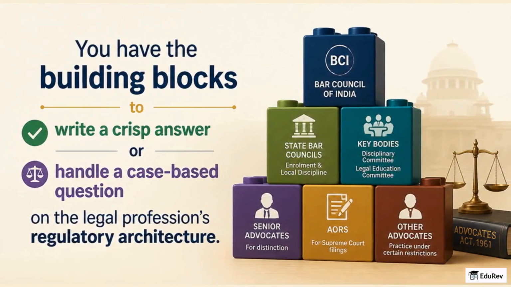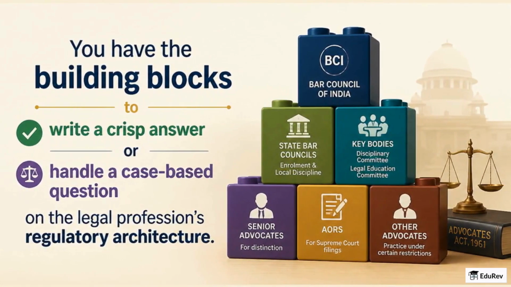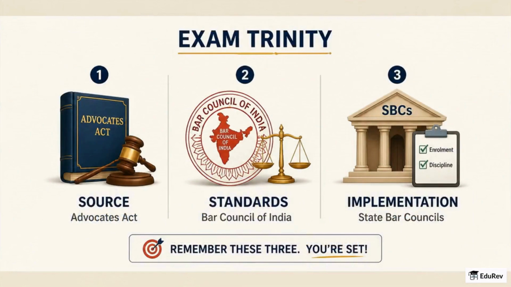You now have the building blocks to write a crisp answer or handle a case-based question about the legal profession's regulatory architecture. If you remember three things for the exam: the Advocates Act is the source, BCI sets standards, and SBCs manage enrollment and discipline, you are set.